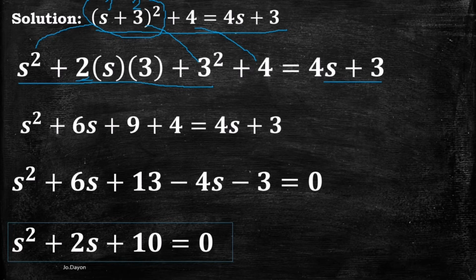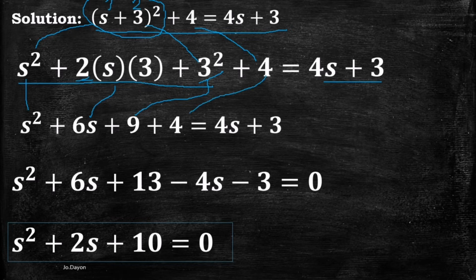We have to copy s squared, then 2 times s times 3, we have 6s, and 3 squared is equal to 9, because 3 times 3 is equal to 9, not 3 times 2.